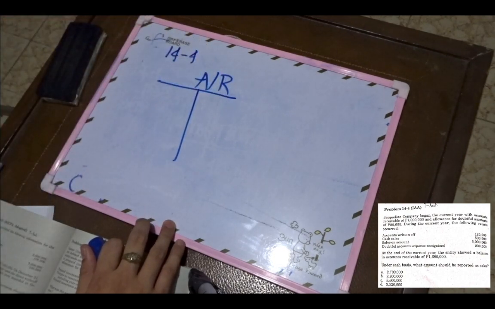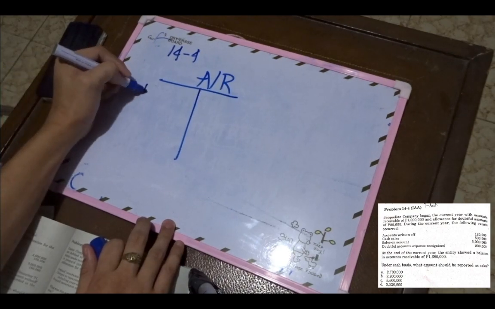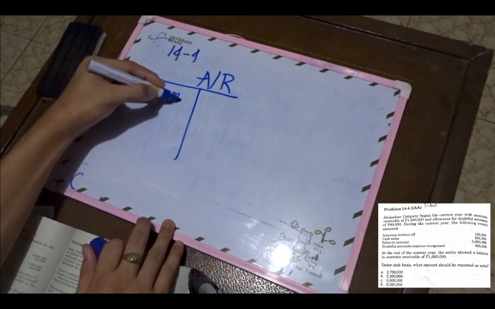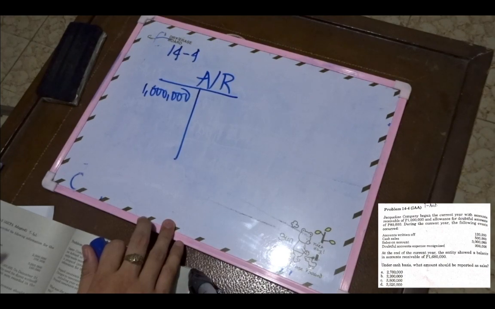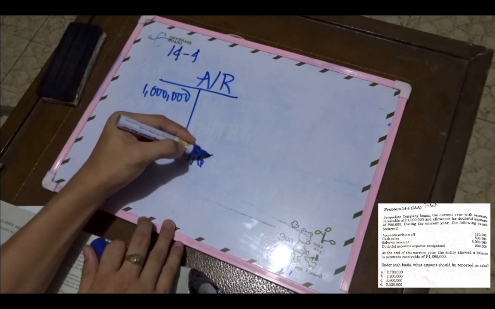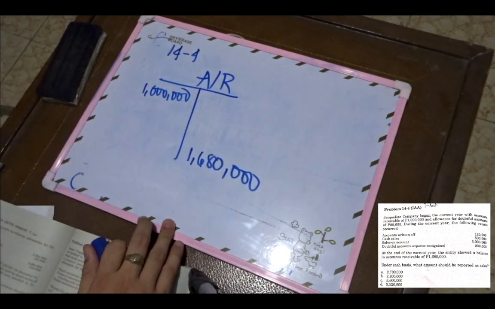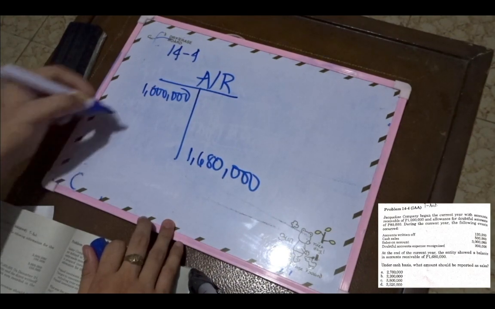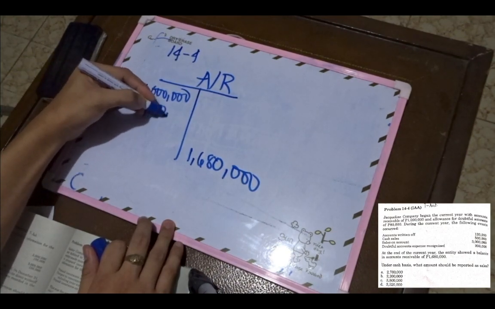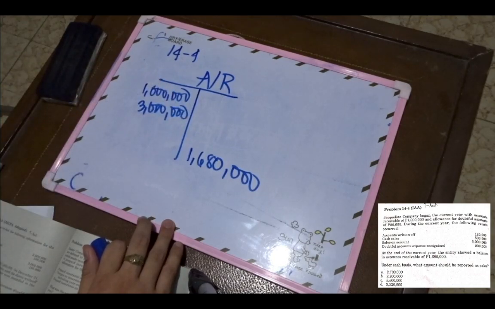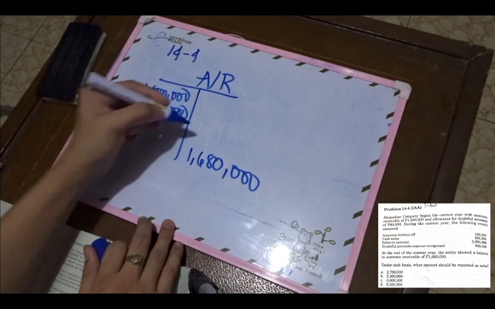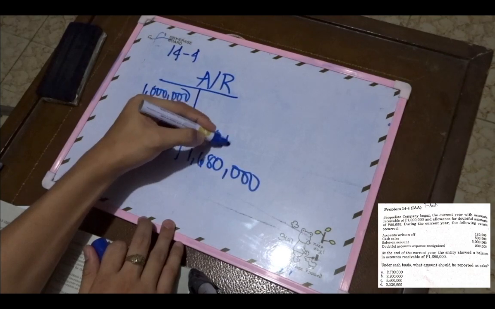So beginning balance for AR is 1 million. Ending balance is 1,680,000. Then you have sales on account 3 million. And then you have accounts written off 120,000.